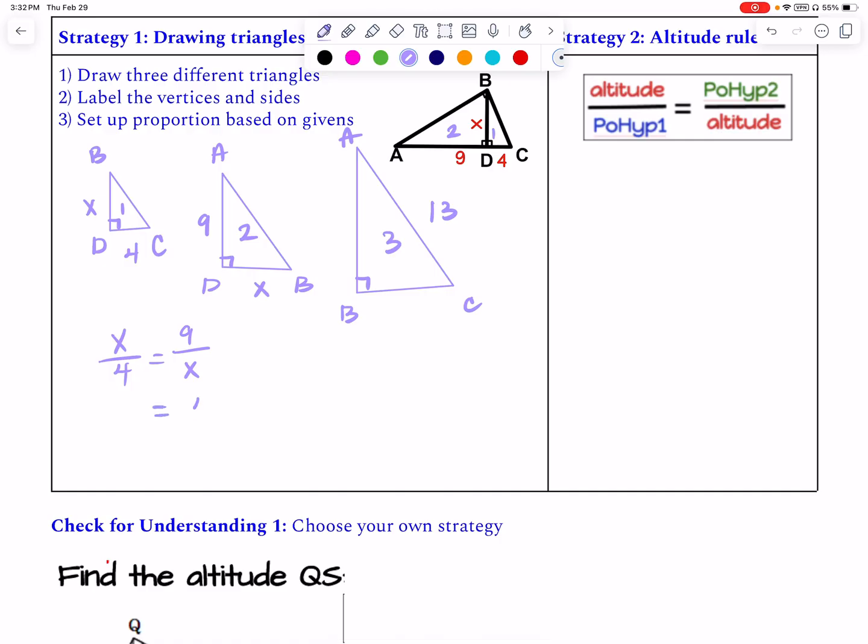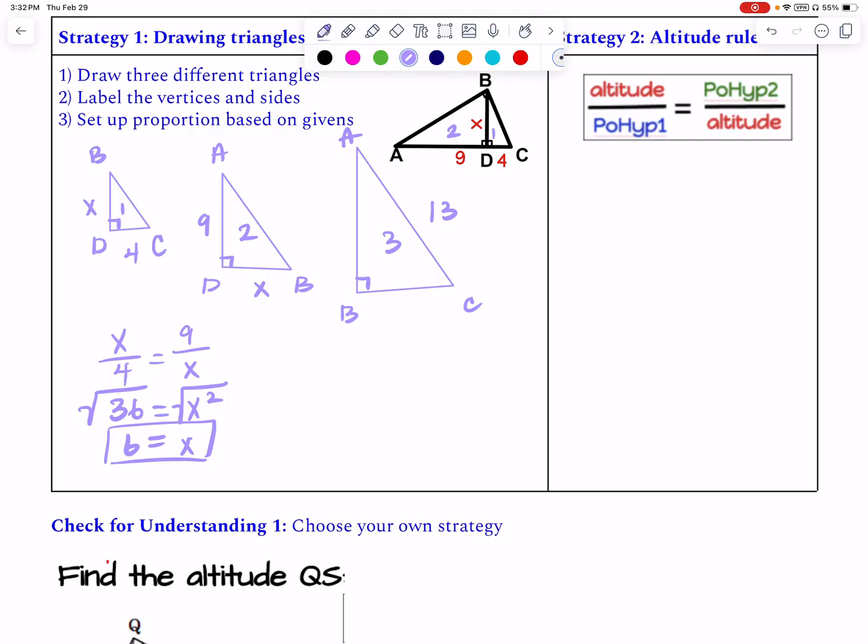So let's do x times x is x squared, not 2x. And 9 times 4 is 36. The inverse of square is square root. So x equals 6.